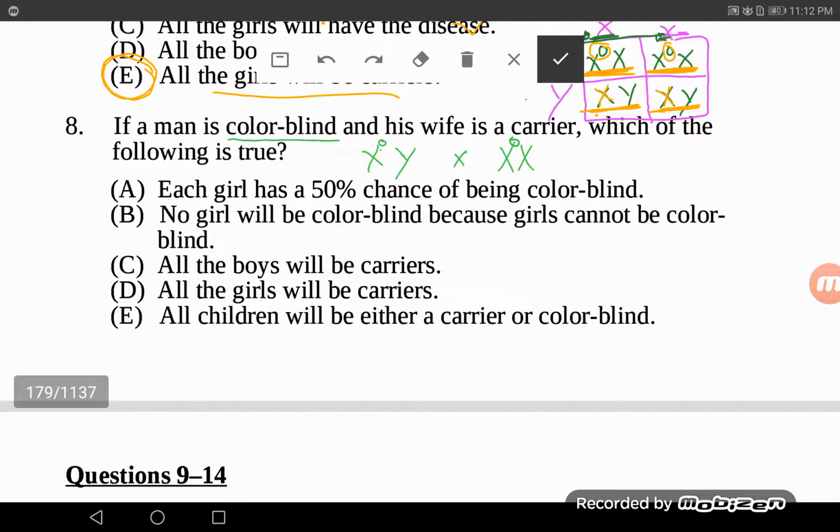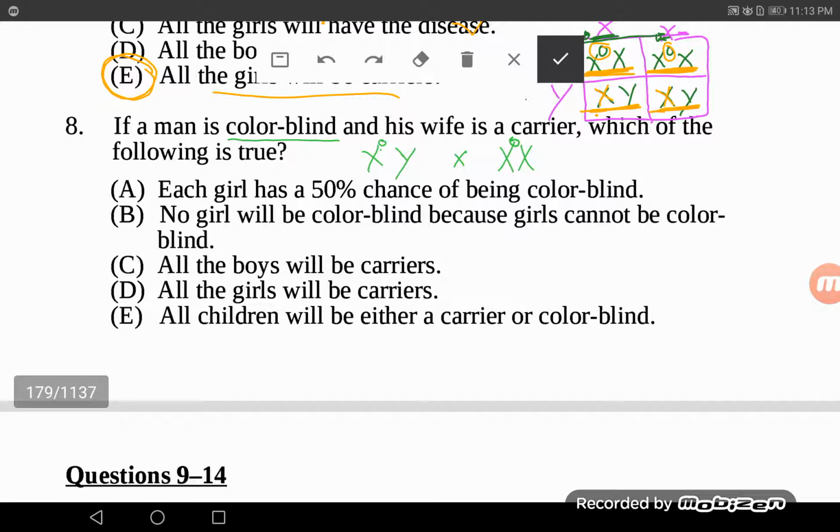She is not expressing it, she is just carrying it. So the woman looks normal, and she is normal really, but one of her X chromosomes has that allele. So when we are doing the crossing process, let me draw it here.